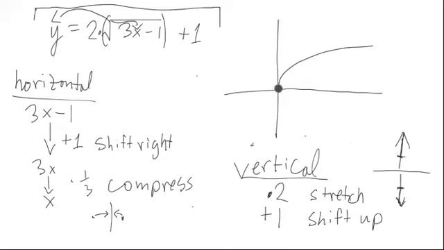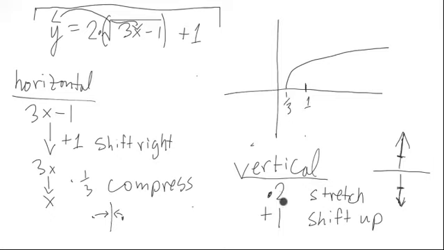Okay, so next, it looks like we're going to shift to the right by 1. And next, we're going to compress by a third. So that means we're going to take this and multiply it by a third. So bring it in, all these x values, you're going to take a third of them. So it's going to look something like it's been compressed, multiplied in this way. Okay, so we've been successful with the horizontal transformations, where this is now at a third, because we had shifted it right to the 1, and then we multiplied by a third in.